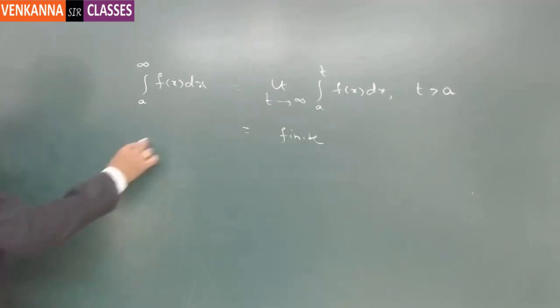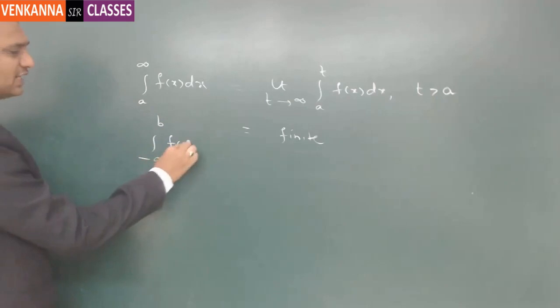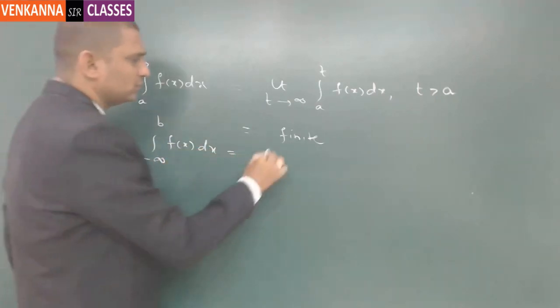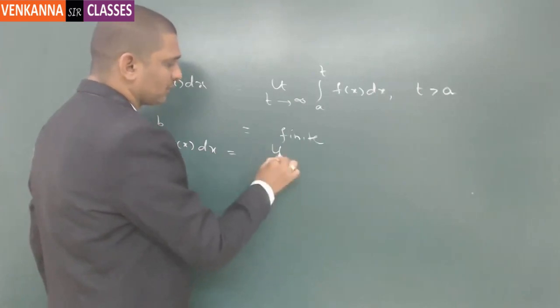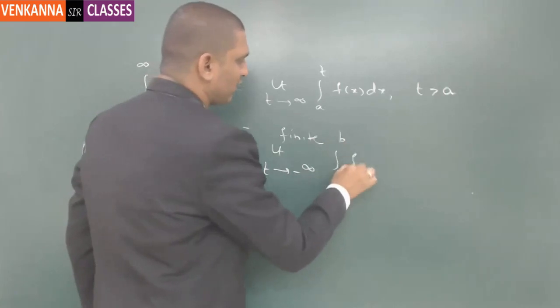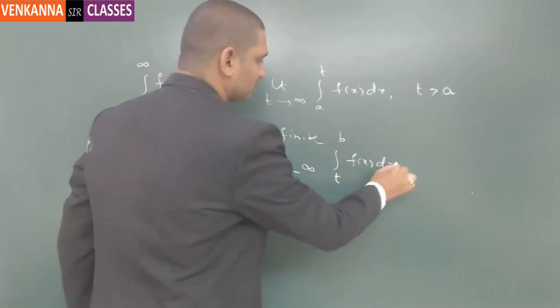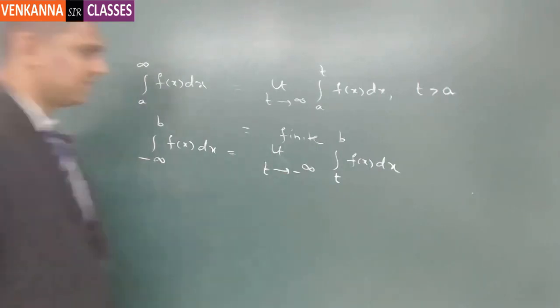Similarly, if you have a part like this, integral minus infinity to b f of x dx, what you are going to do is limit t tends to minus infinity integral t to b f of x dx. We do the same thing here, where t is less than b.